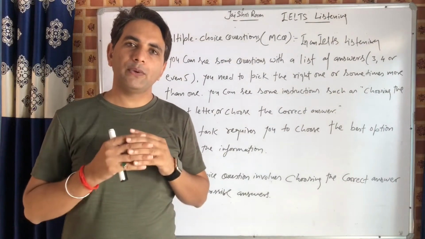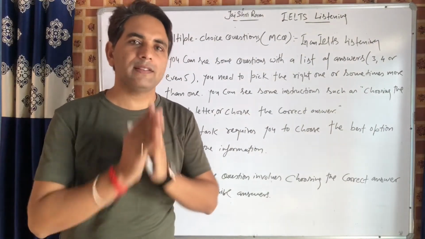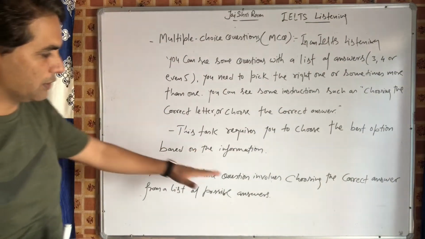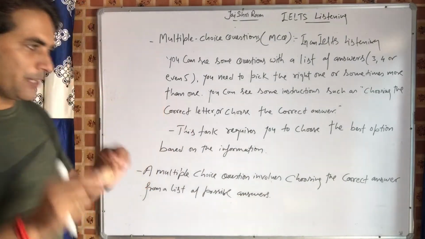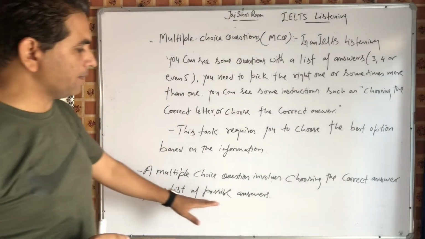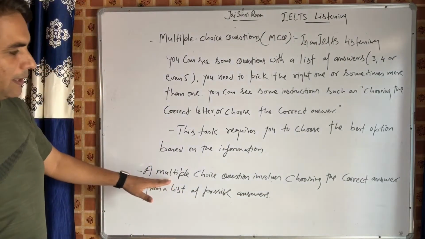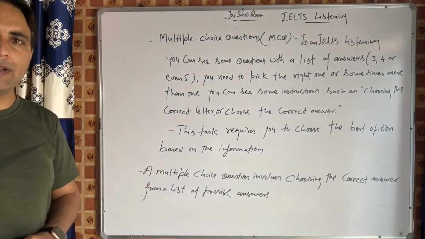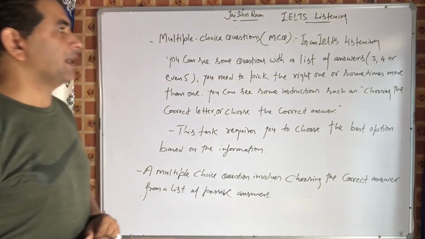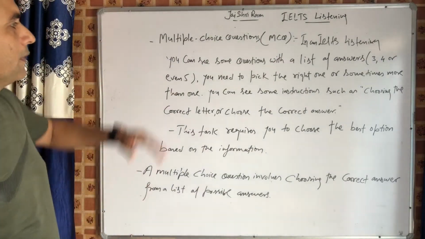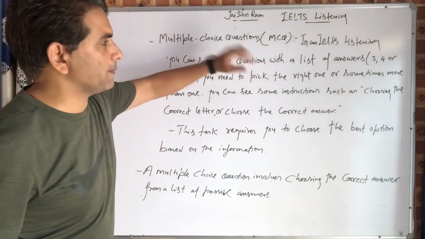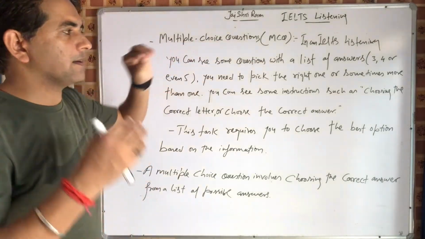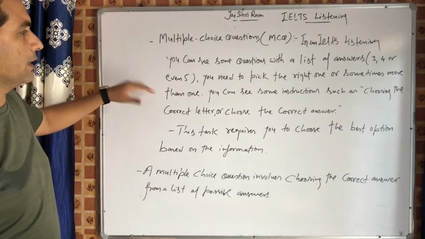So first we need to see what is the definition of a multiple choice question. A multiple choice question involves choosing the correct answer from a list of possible answers. So here you will get a question and you need to find your correct answer from a list of possible answers. In IELTS listening, you can see some questions with a list of answers, 3, 4 or even 5, and you need to pick the right one or sometimes more than one.